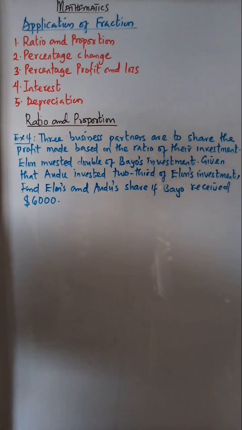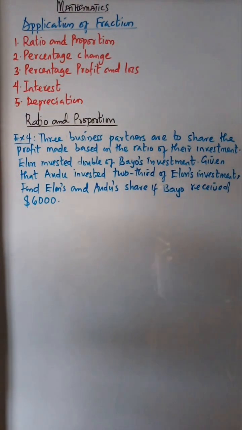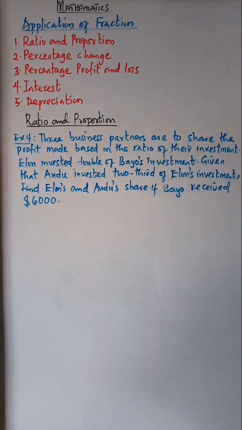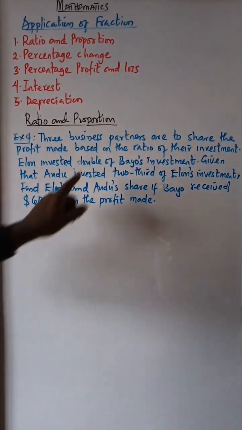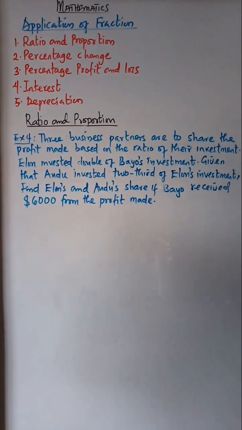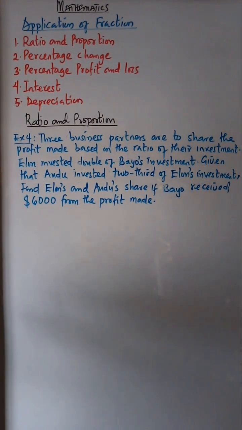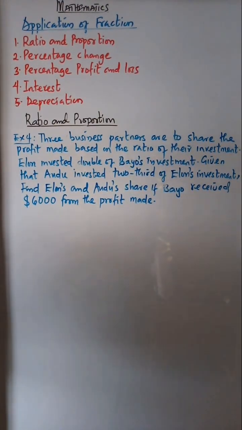Just calm down. 3 business partners are to share the profits made based on the ratio of their investment. So 3 of them invested money. How much, you don't know. But we are told that Elon invested double of Bayer's investment.